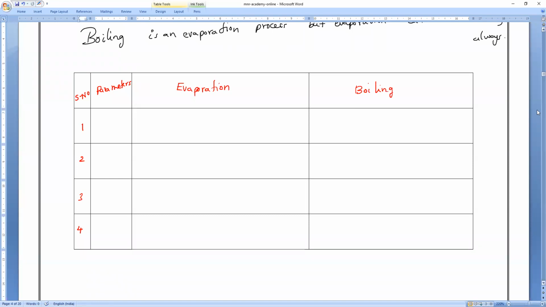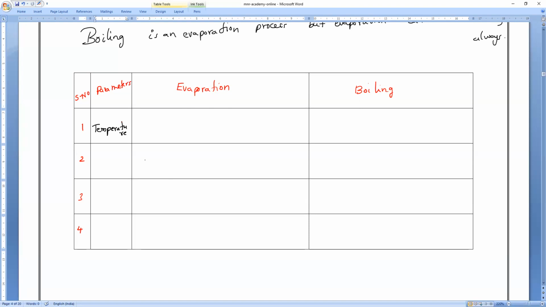Can you hear me? Okay. First parameter, you can write: temperature.